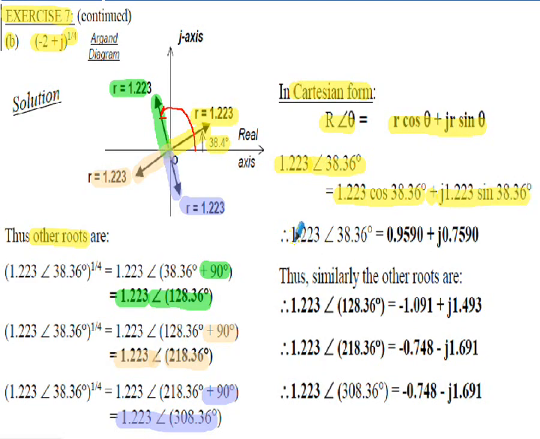Evaluating that expression, the polar form 1.223 argument 38.360 degrees can be written as 0.9590, the real part, plus the imaginary part, j0.7590. And we can adopt a similar approach for all the other roots that are shown below. So the second root in Cartesian form is shown here, the third root in Cartesian form shown here, and the final and fourth root in Cartesian form shown here.